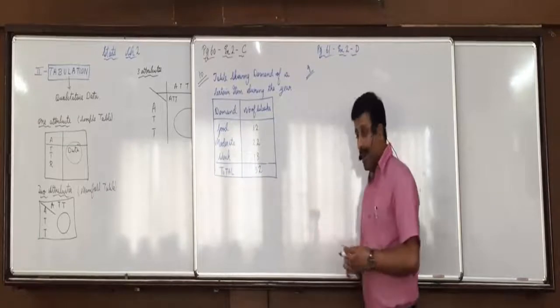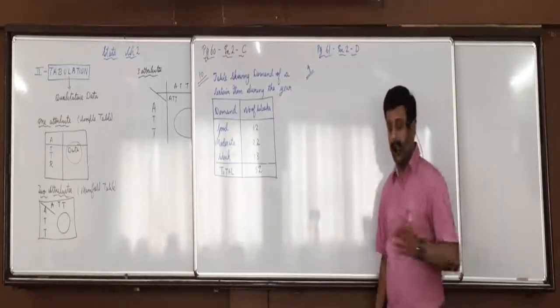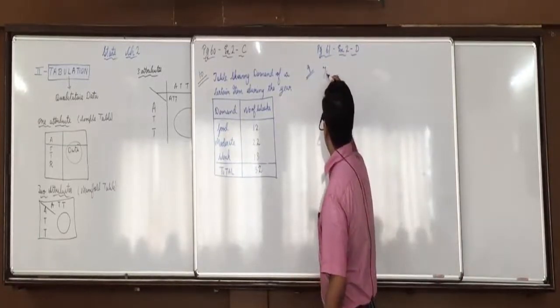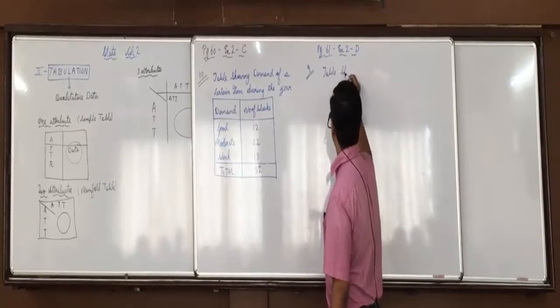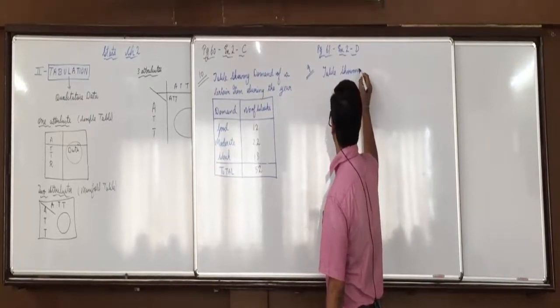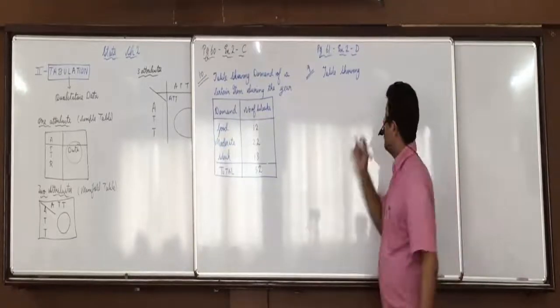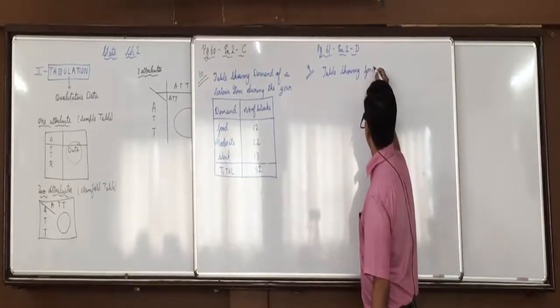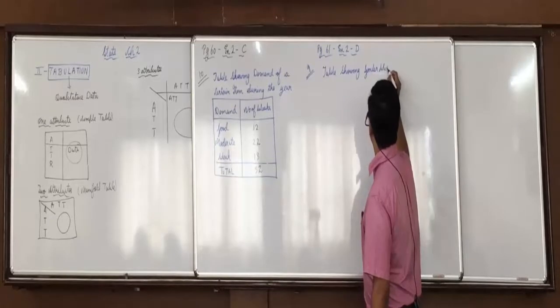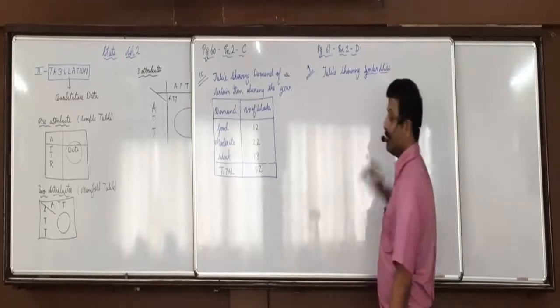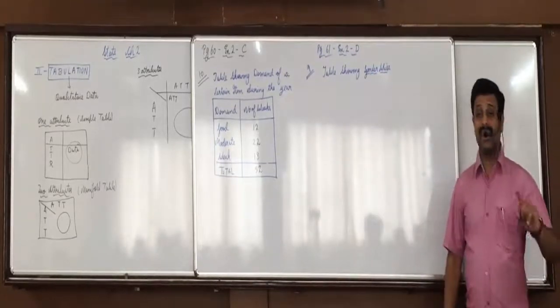Okay. Now, how will we give the heading? Write down: table showing, which is the first attribute? So write gender wise. And which is the second attribute?